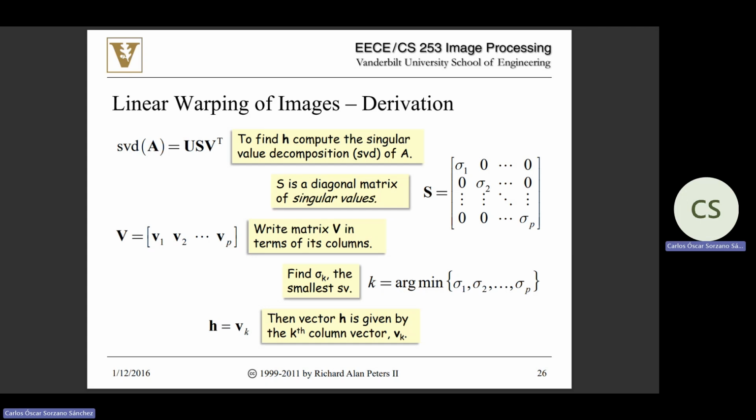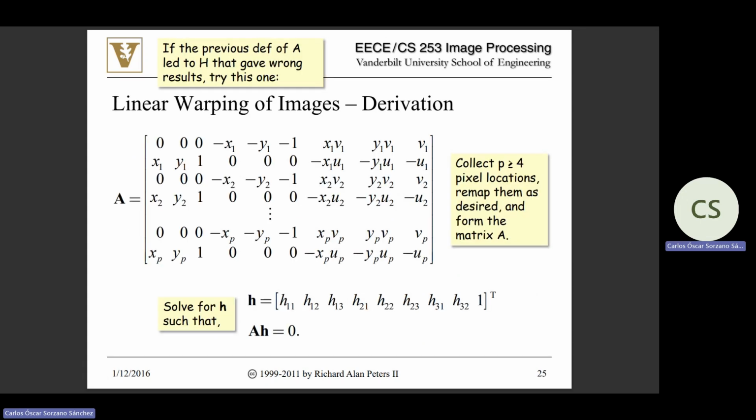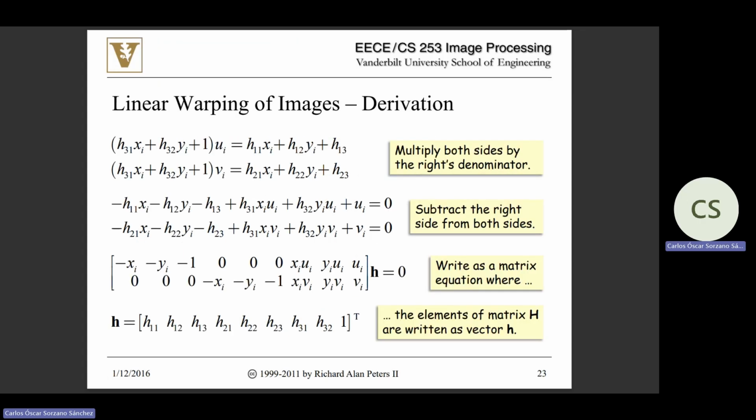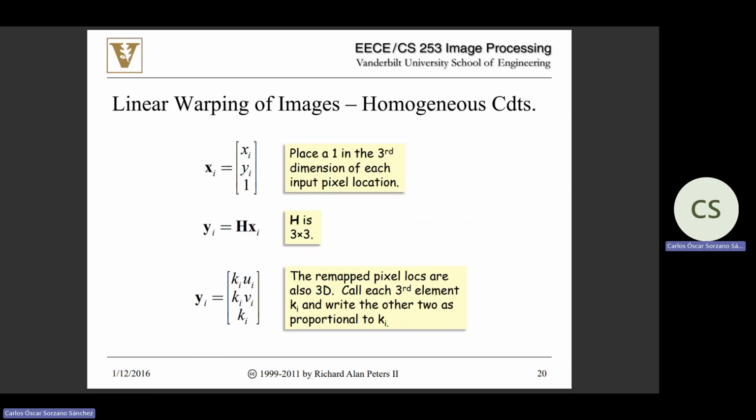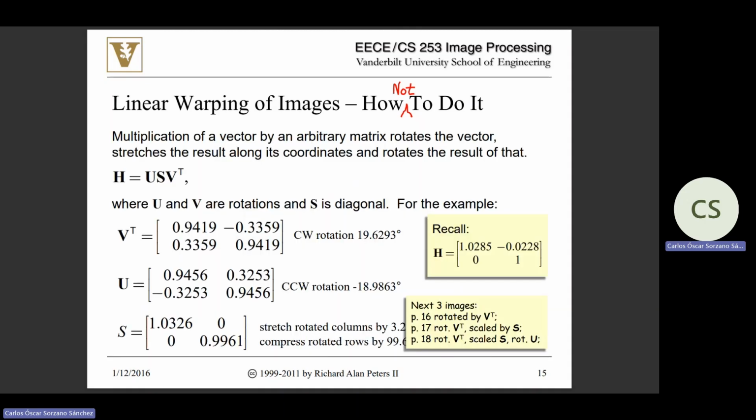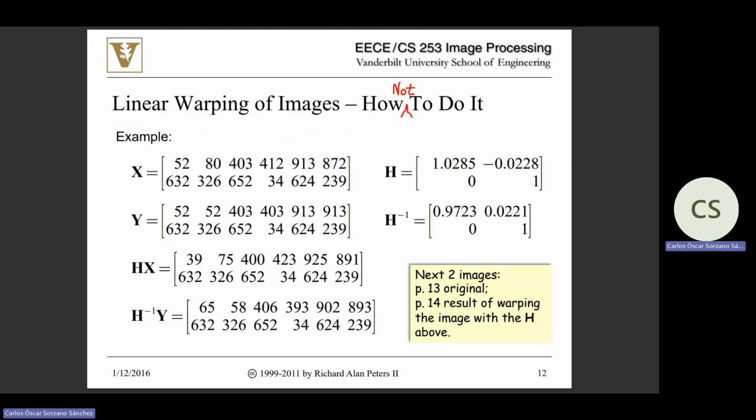Okay, and the previous one is not wrong. It is that it is not as powerful as this one. Because before you had only 4 values to touch, so only 4 degrees of freedom to make the coordinates match.